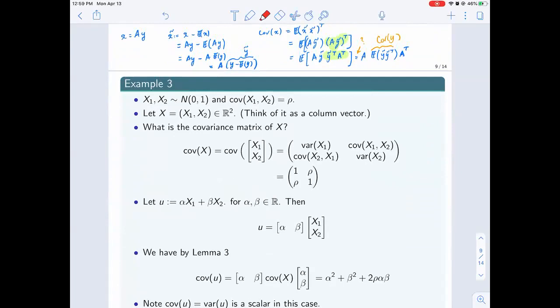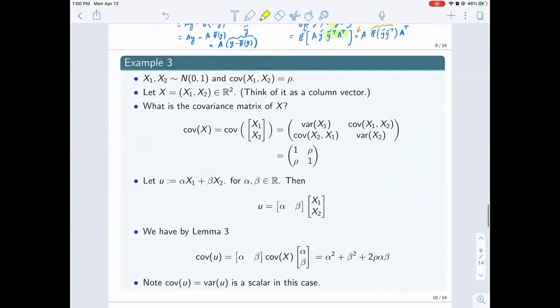So here's an example. Suppose we have x1 and x2 being normal 0, 1 with covariance rho. And then the vector X is just the vector that contains these two elements as its components.